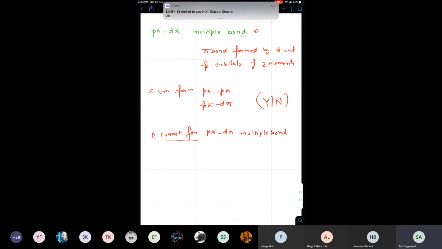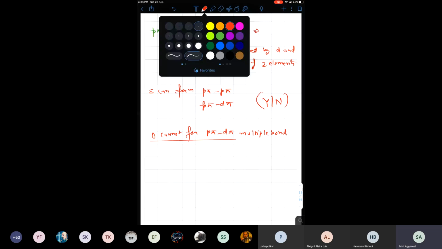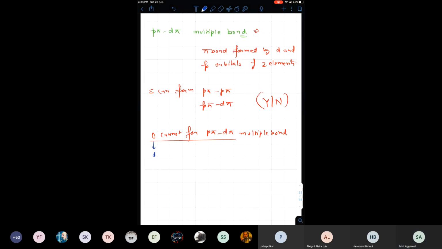Oxygen cannot form p pi d pi multiple bond because oxygen does not have d orbital. Understood?